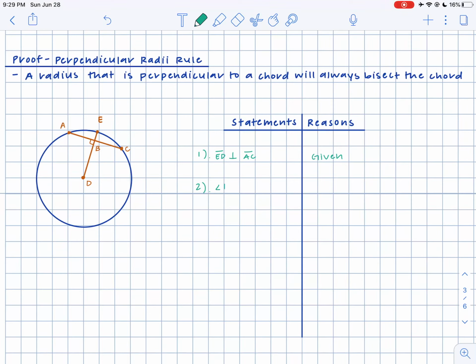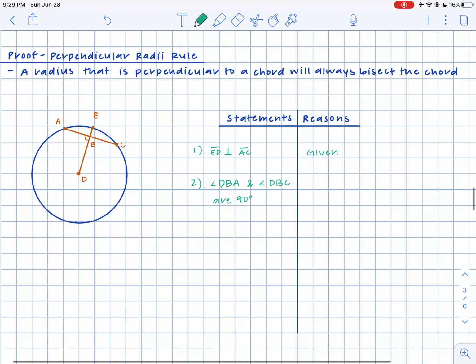So our second statement is angle DBA and angle DBC are 90 degrees. And what is the reason? How do we know that? Well, we know that because segment ED is perpendicular to segment EC.